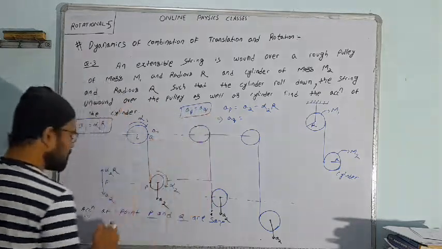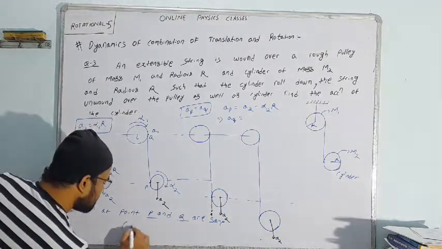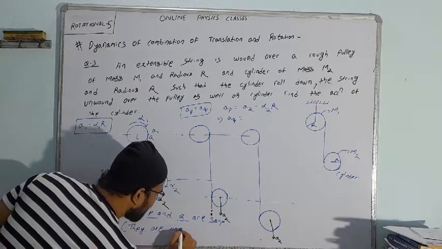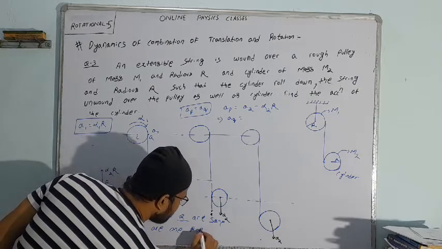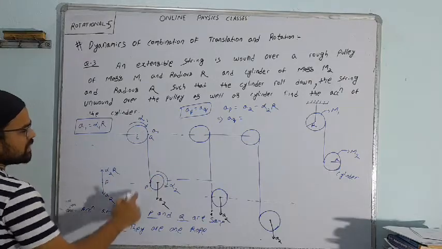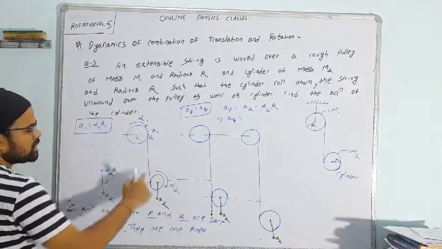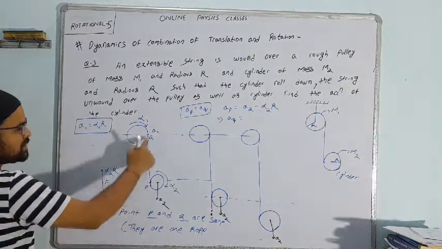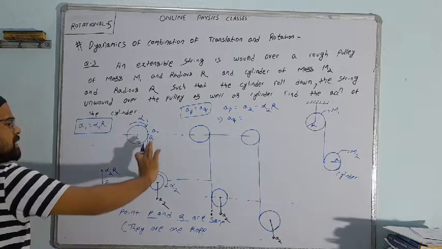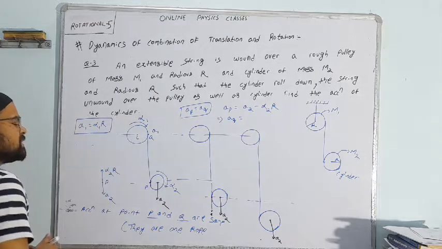Why same? Because they are one string, one rope. So definitely this is one rope, and these are two fixed points with the same distance, so there is no change in distance.